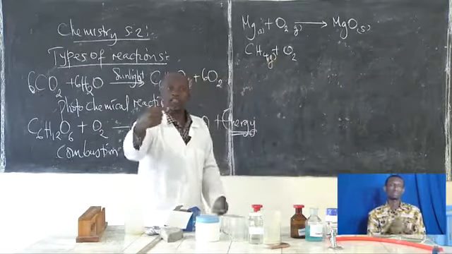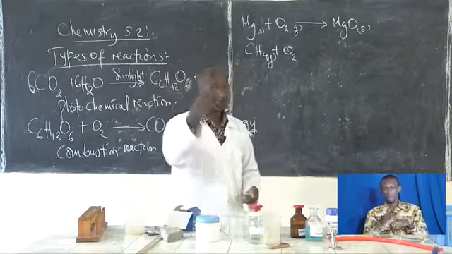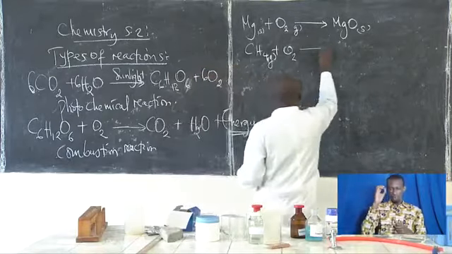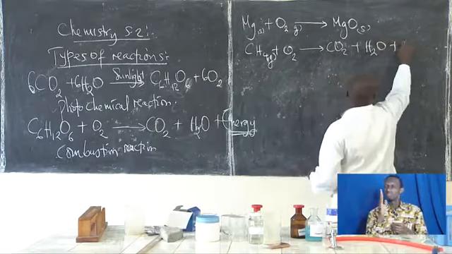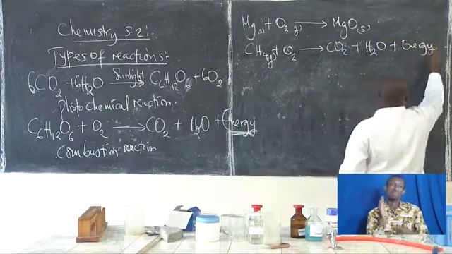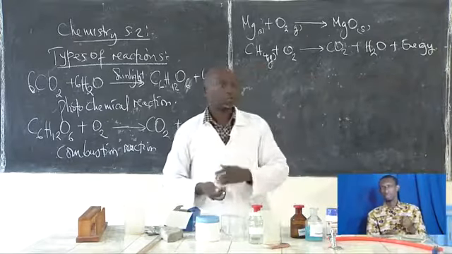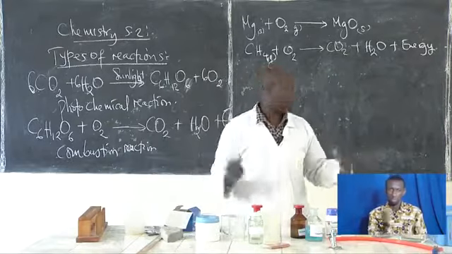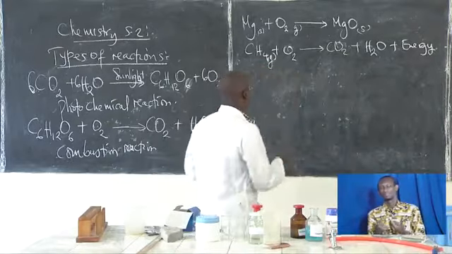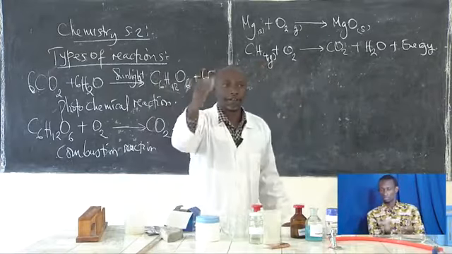It reacts with oxygen, so it burns with oxygen, and produces carbon dioxide and water, plus energy in the form of heat for cooking food, boiling water, and other activities in our home. So it is very important to remember this reaction. This is also a combustion reaction.